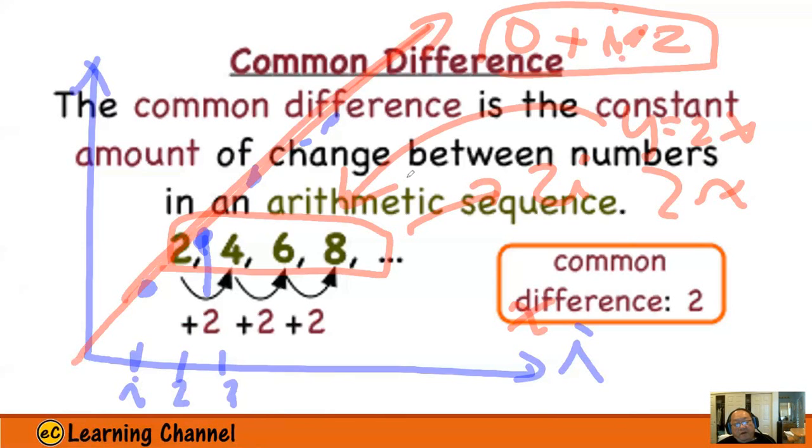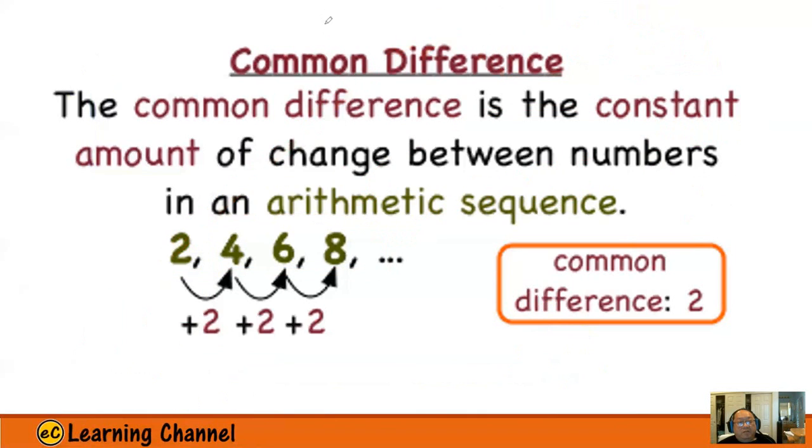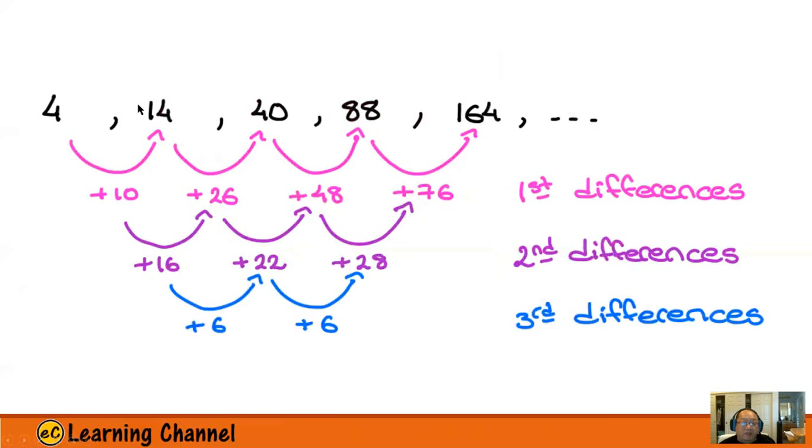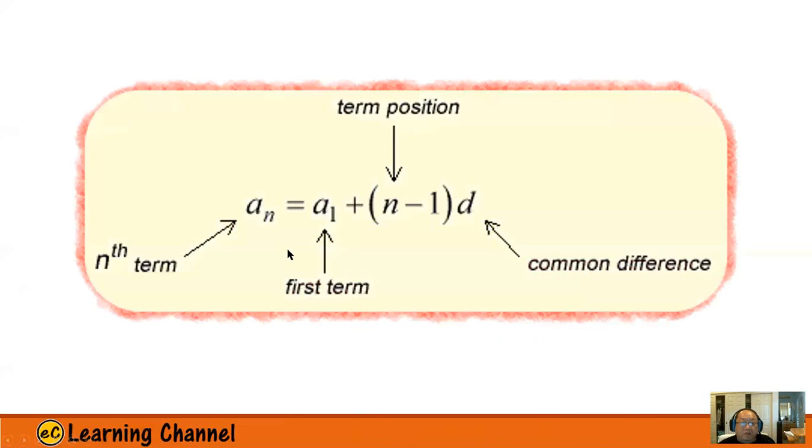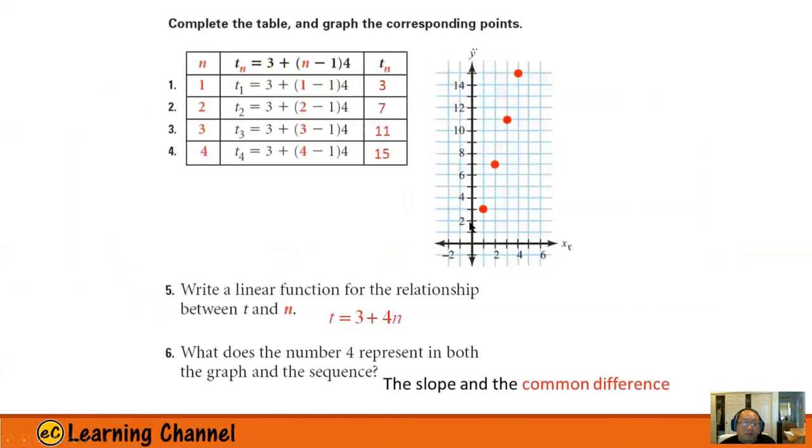Is that okay? With that in mind, that's the common difference, and now we look at the difference. What is the difference? This difference is 2, and we can have a formula like this for a sequence. But what it really means is like this.